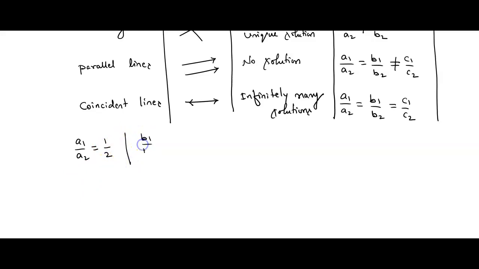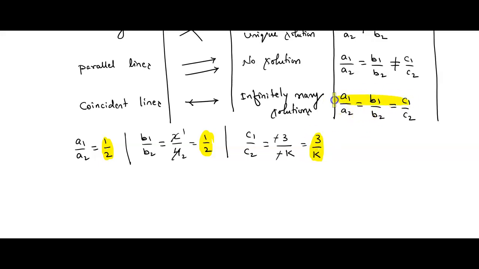Similarly, B1 by B2 is 2 by 4, which is 1 by 2. Similarly, C1 by C2: minus 3 by minus k, the minuses cancel, so the answer is 3 by k. Here this answer is 1 by 2, and this answer is also 1 by 2, so definitely this should also be equal to 1 by 2 only.